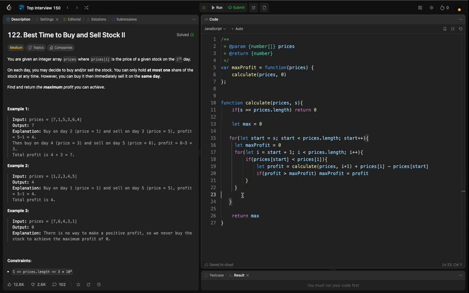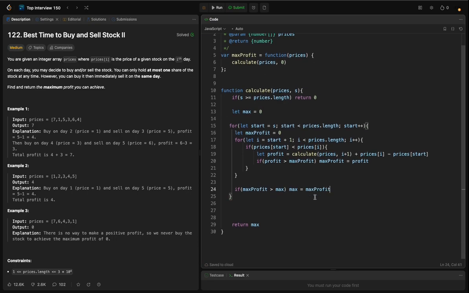And in the end of this loop, if max profit is bigger than max, equals max profit. So let's try to see what we did here.